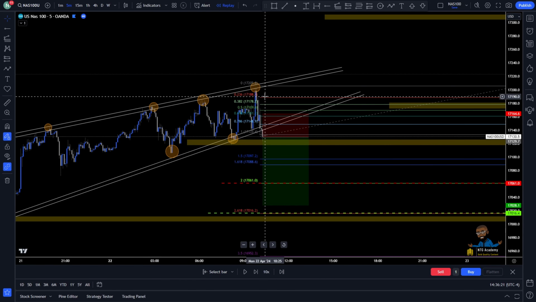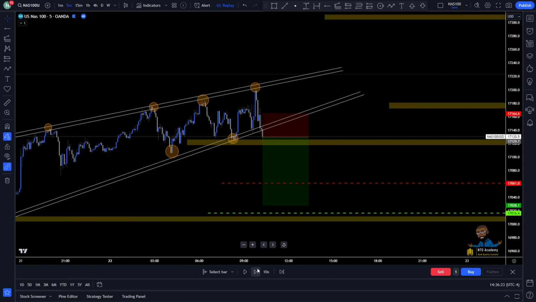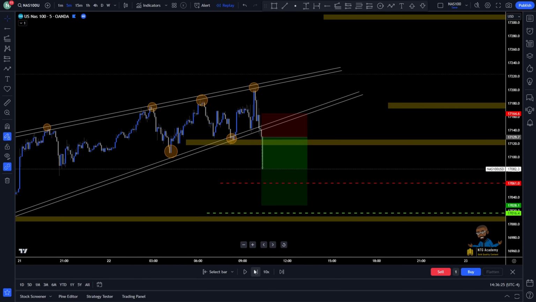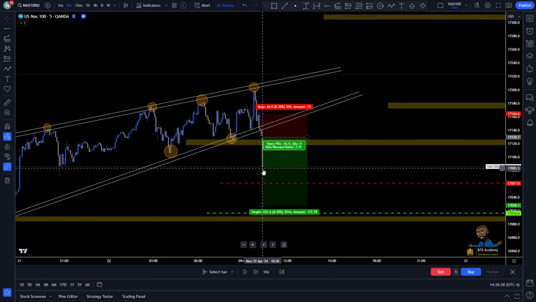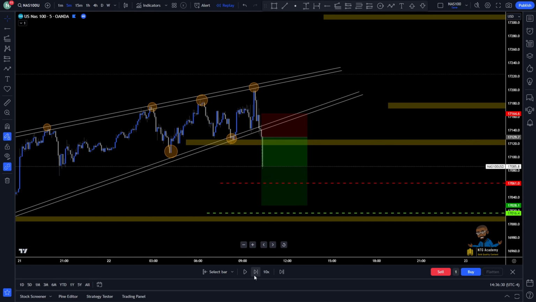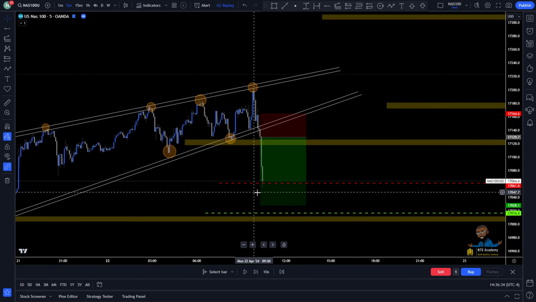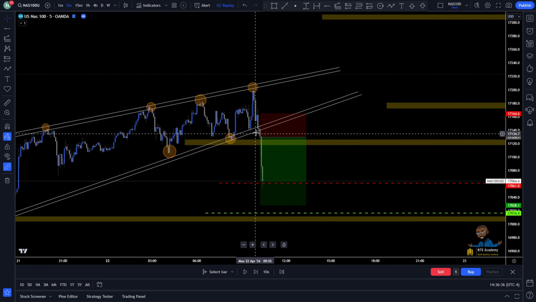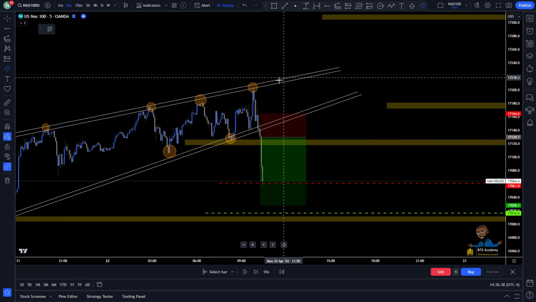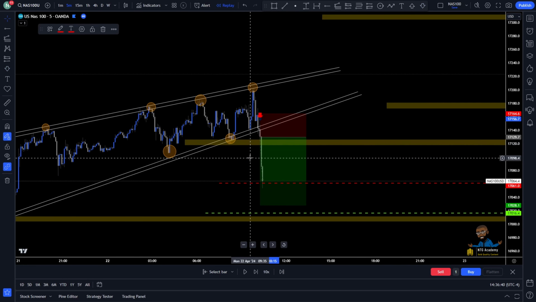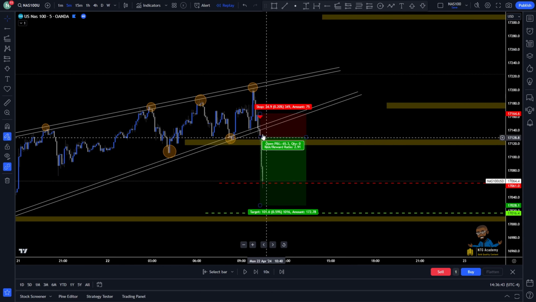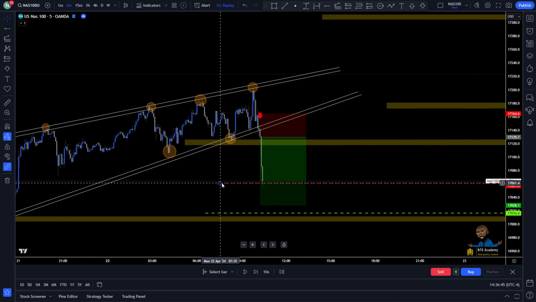Perfect. So let's go ahead and see how the trade ended up. We're just watching the trade here, and as you can see, we had a straight drop going straight into our first TP area, right? Now at this point, when the market drops below that false zone and we're getting some nice heavy bearish pressure, I actually like to set to break even.